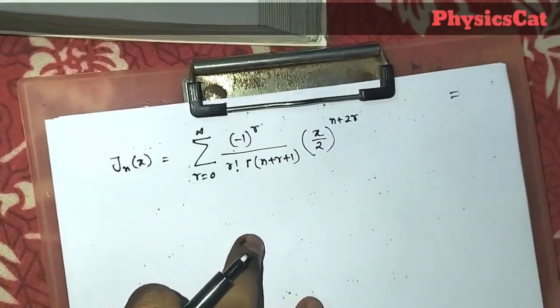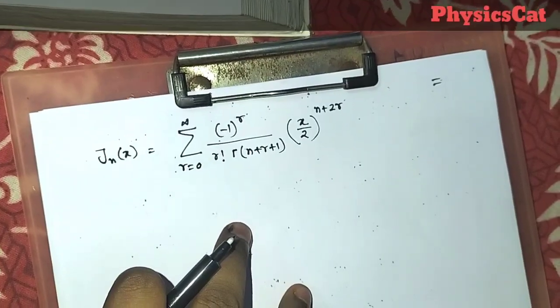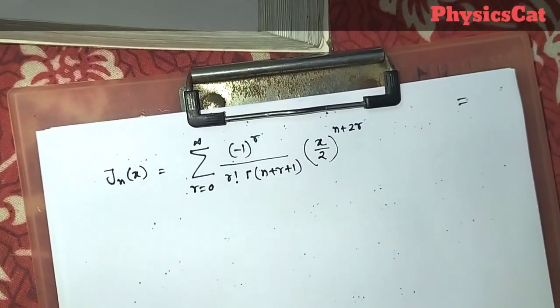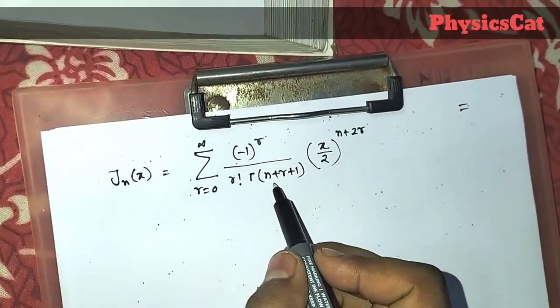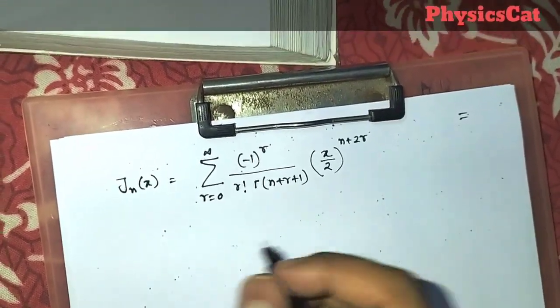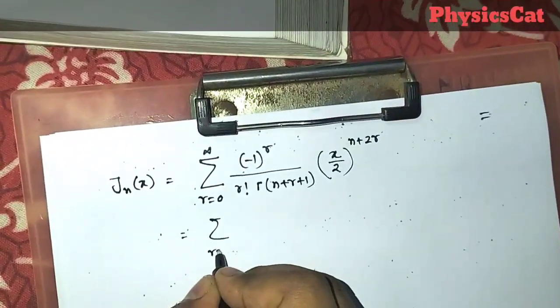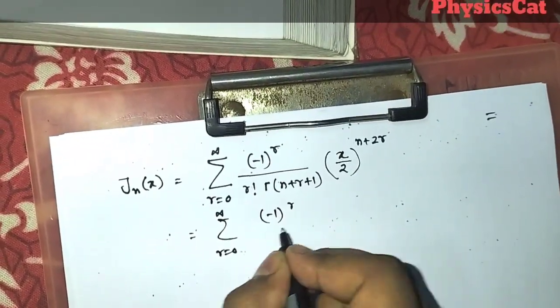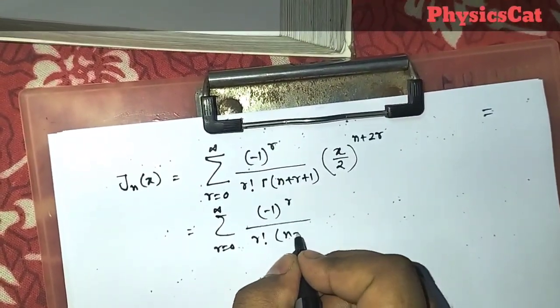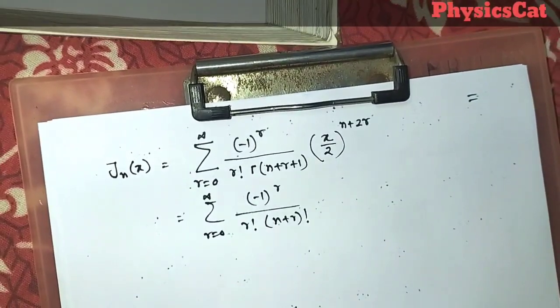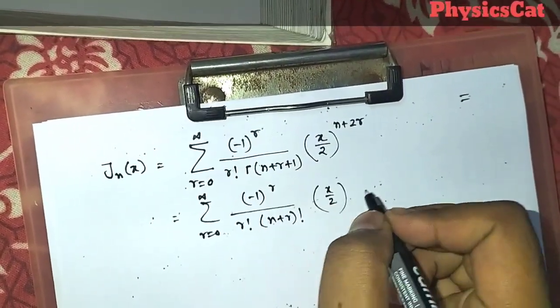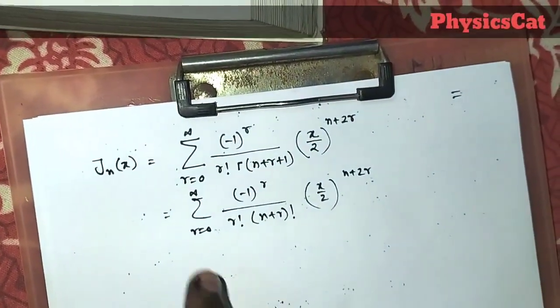This is the Bessel function, and I'm going to solve using this. We can write gamma of n plus r plus 1 as (n plus r) factorial. So I have the summation r equals 0 to infinity of (minus 1) to the power r over r factorial (n plus r) factorial, times (x/2) to the power n plus 2r.